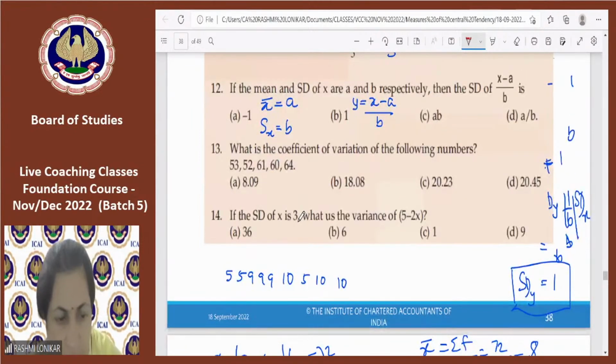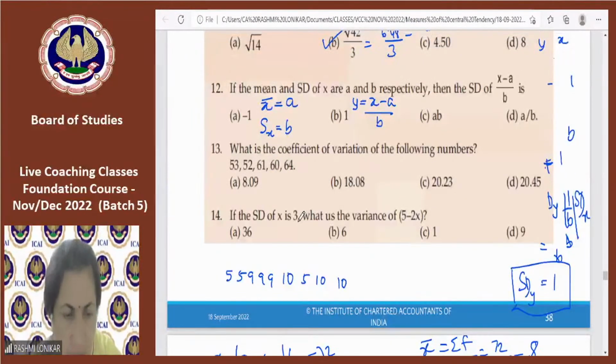Now, if the standard deviation of x is 3, what is the variance of 5 minus 2x?